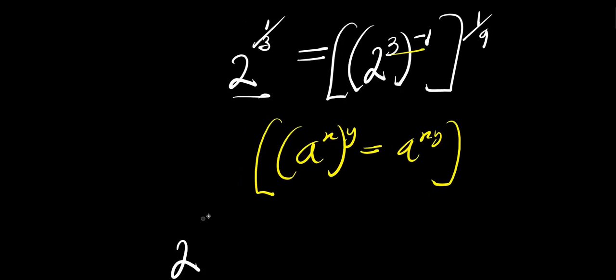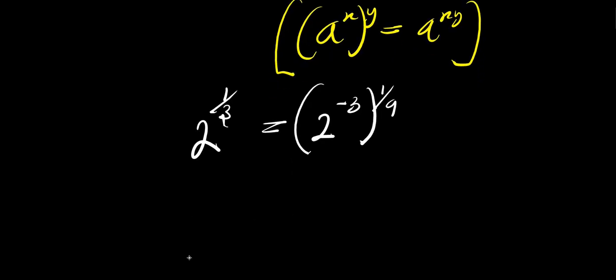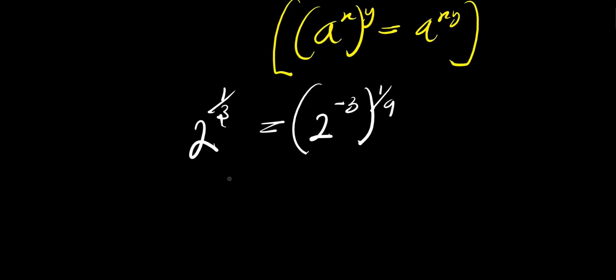This is 2 power 1 over 3 equals 2 power negative 3 times 1 over 9, that is negative 3 over 9.